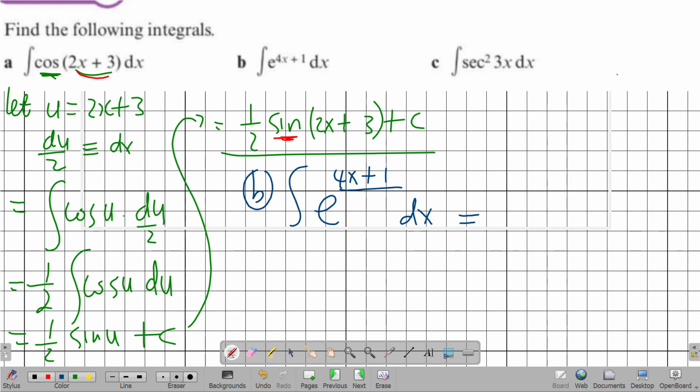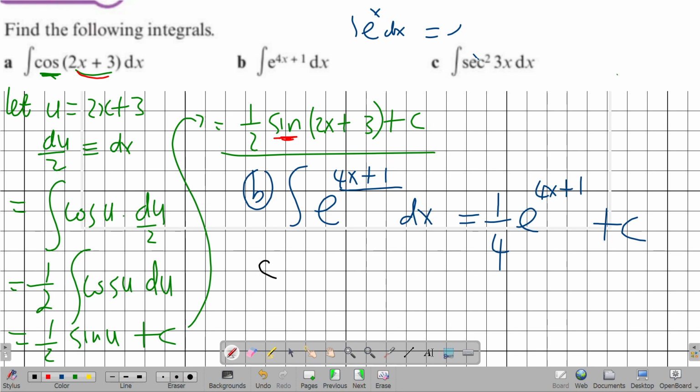But because I'm integrating, I divide by that, so that's 1 over 4. And what is the integral of e^x? We know that the integral of e^x is still e^x. So the answer is 1/4 e^(4x+1), plus the constant of integration. Right? We don't need to do the substitution anymore.